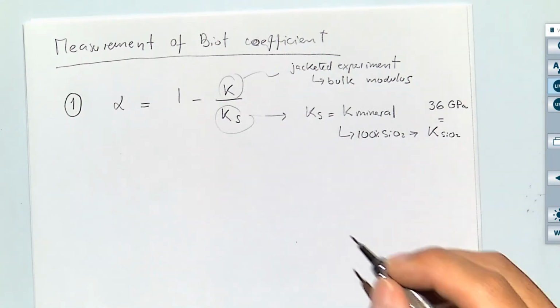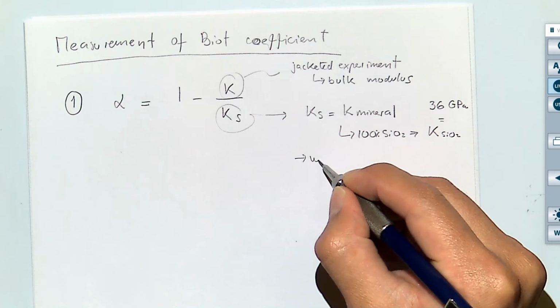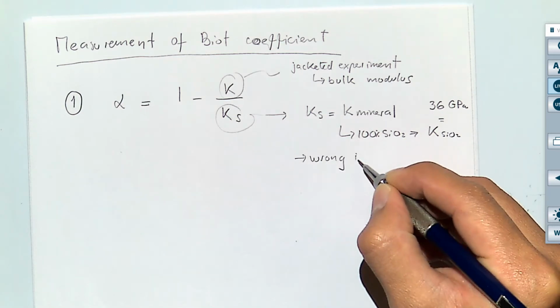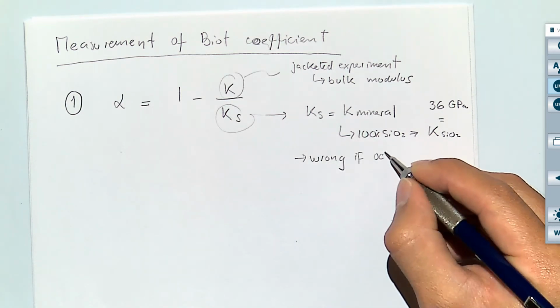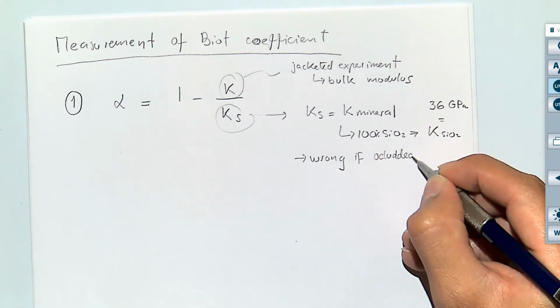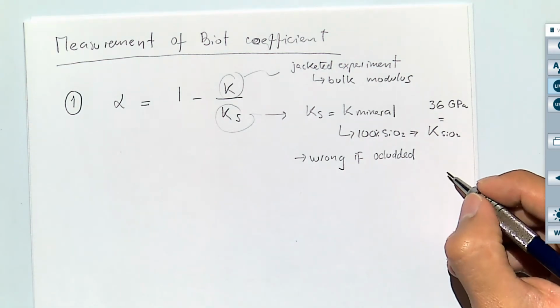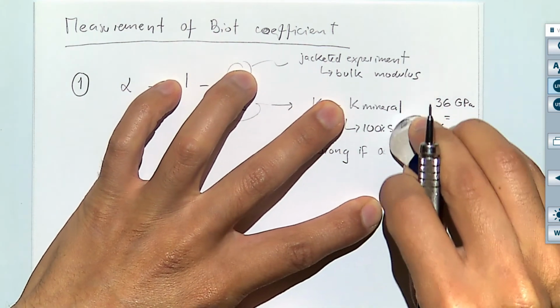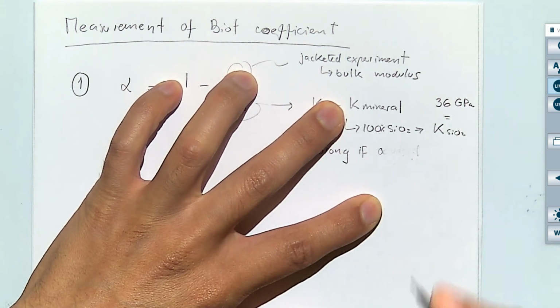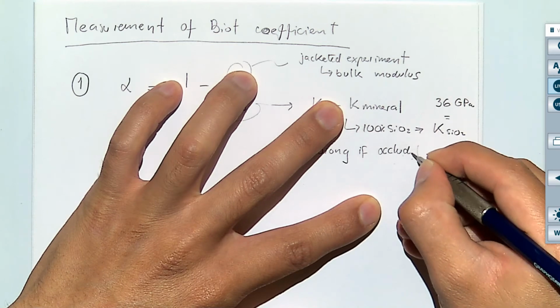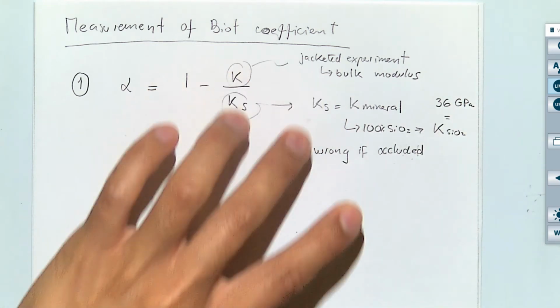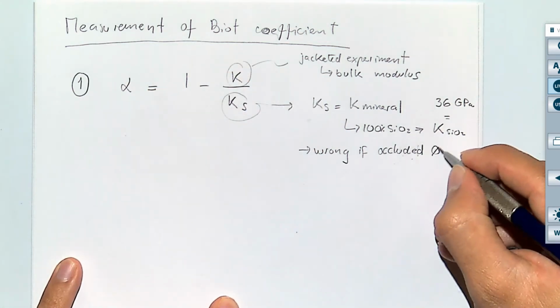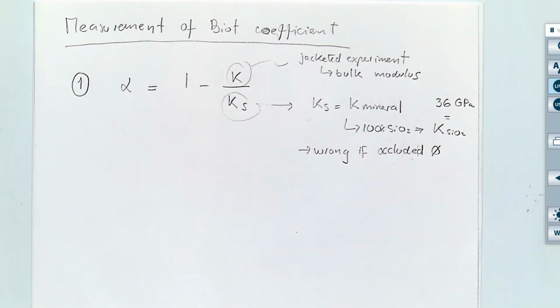However, this is going to be again wrong if we have some occluded porosity. Occluded is double C, right? I always get confused with this. If you have occluded porosity, that means that the fluid cannot get into all the pores.